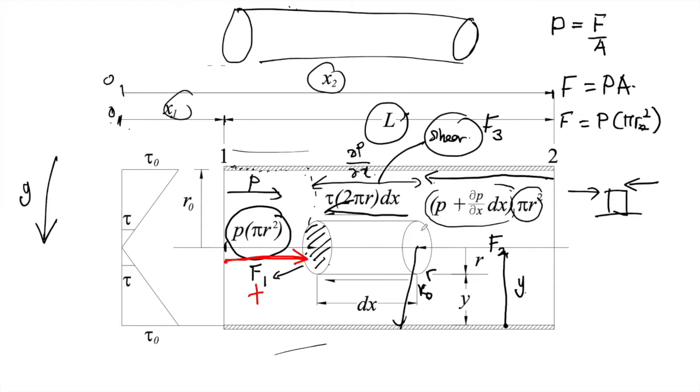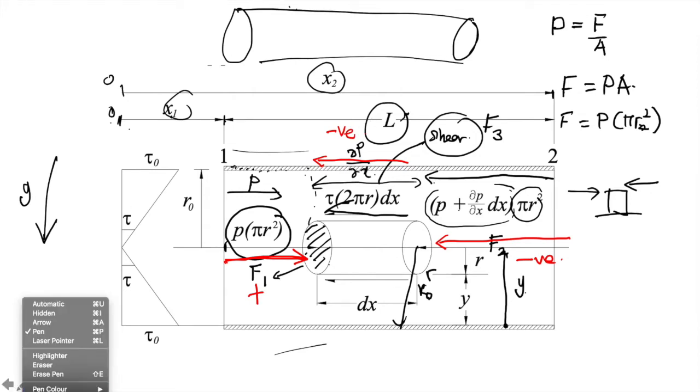For F2, we have the direction like this, and this is a negative direction. The same goes for F3, where we have this kind of direction, and this is a negative direction.